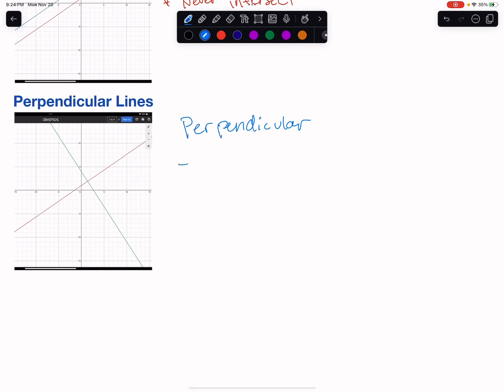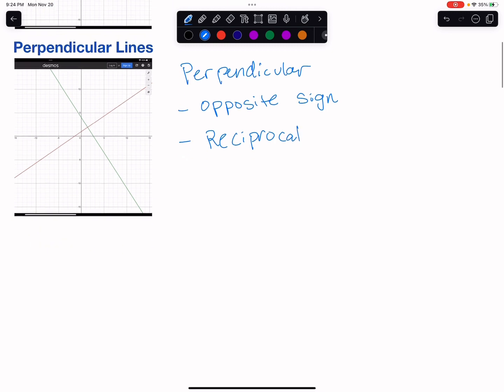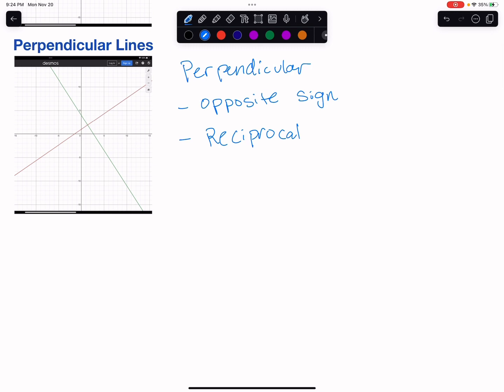Number one, they have to have the opposite sign on the slope, and they also have to have their reciprocal. So let's see what that means. Opposite sign means if the slope was positive, now it's negative. And if it's reciprocal, let's talk about that.